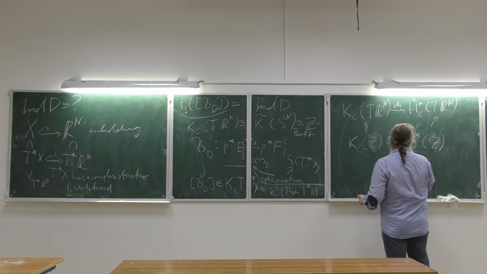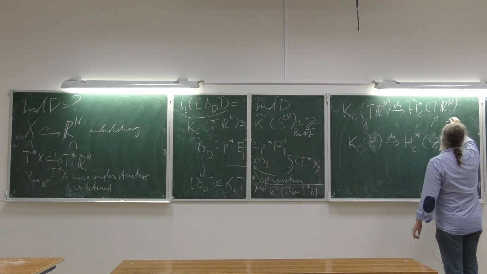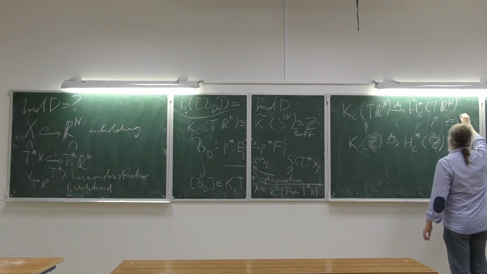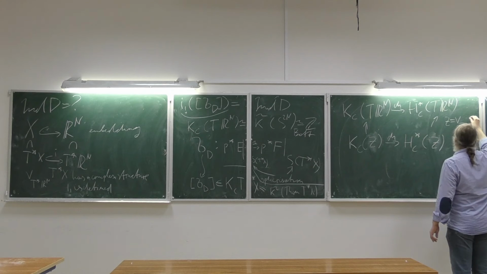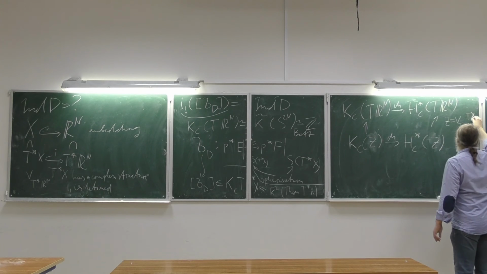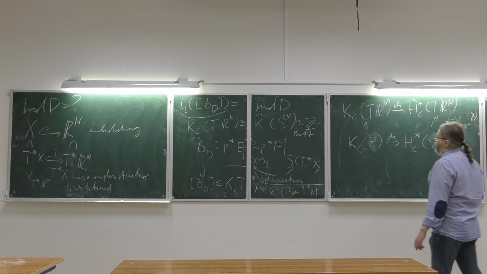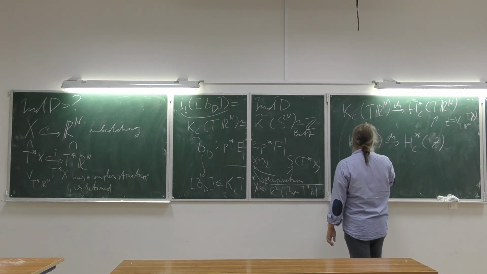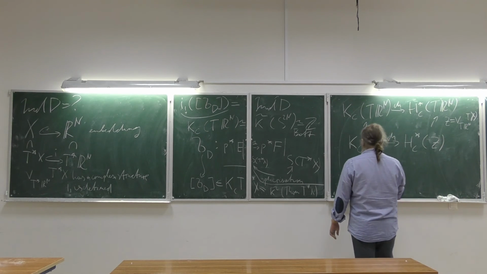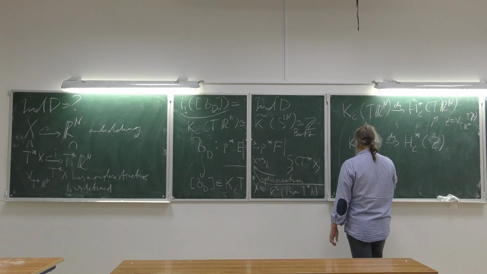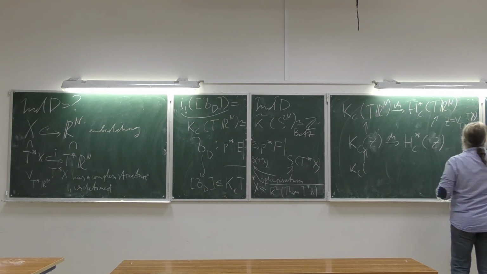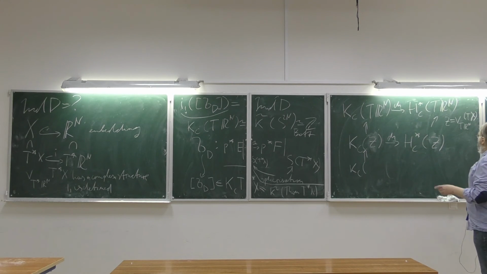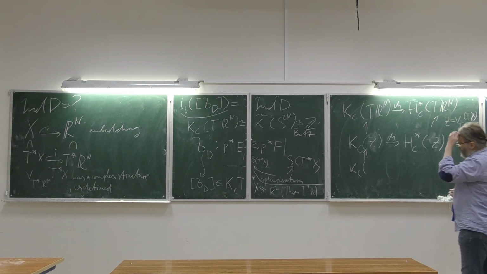So what is Z? Z is a tubular neighborhood of TX inside R^n.